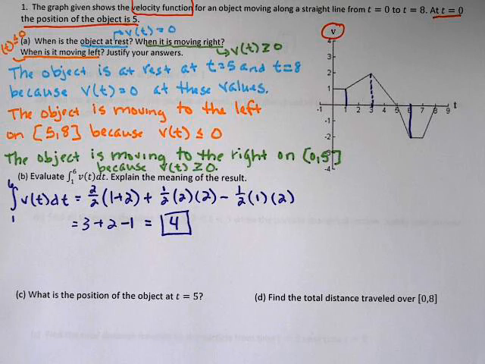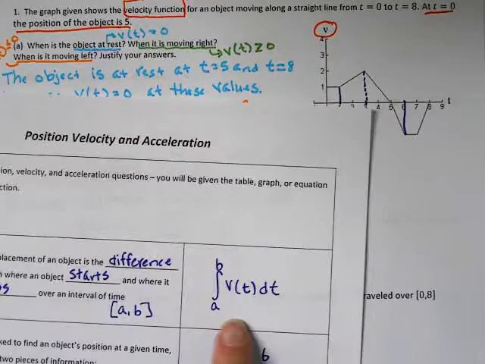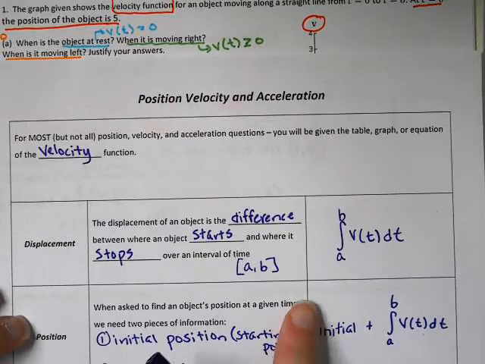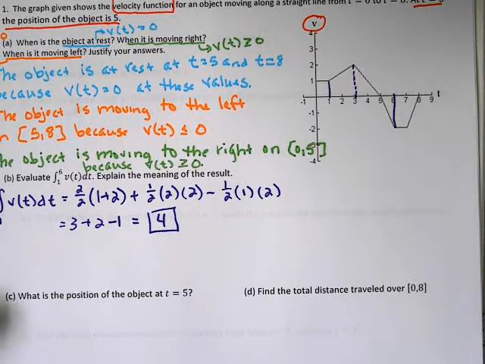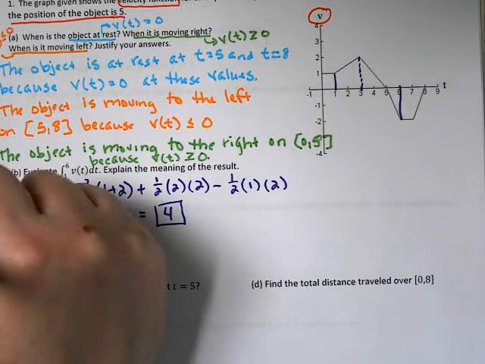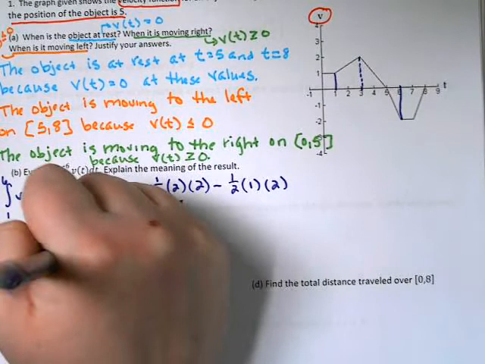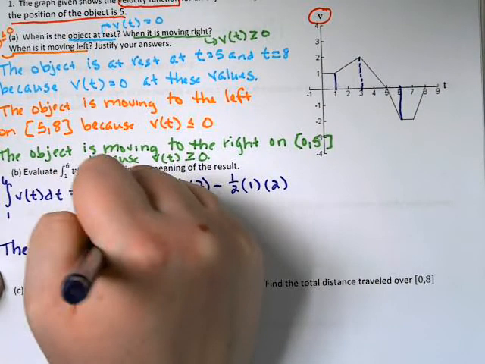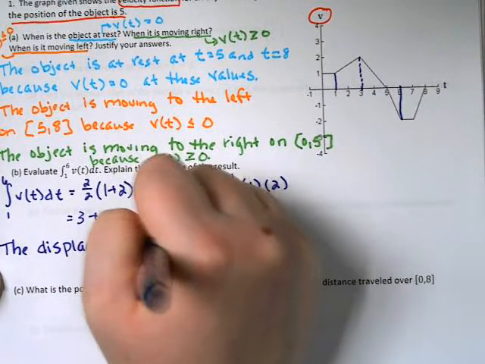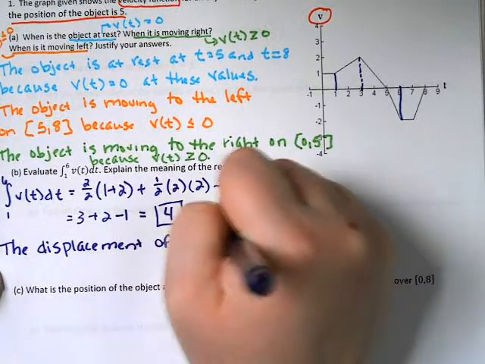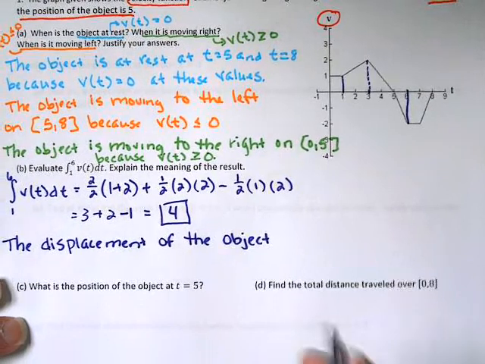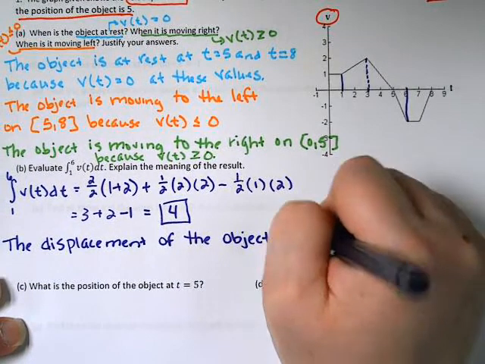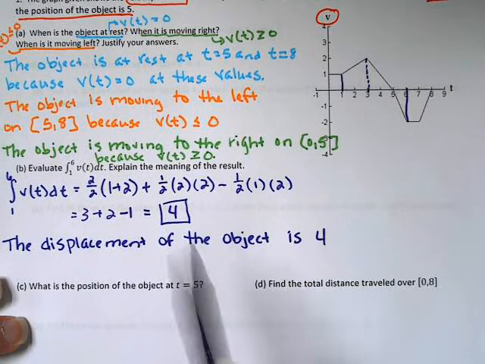So if we think back to what it means when we do an integral of velocity, we know that the integral of velocity is actually displacement. So we need to say then the displacement of the object is 4, and then we need to include the time interval.